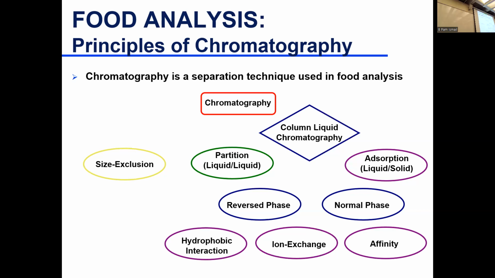You don't have to take a lot of notes now because I will be talking very much in detail about each one of them. So what I want you to remember from this slide is that affinity, ion exchange, and hydrophobic interaction have the same color as absorption chromatography, the circle, the same color, because they are subsets of liquid-solid chromatography, absorption chromatography.